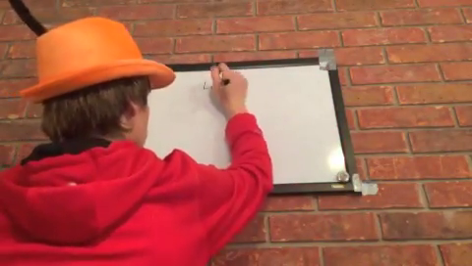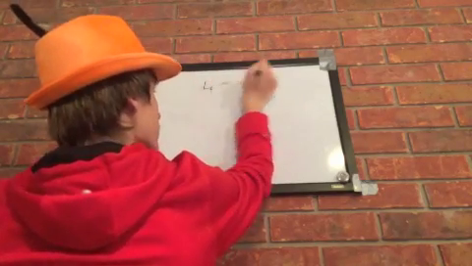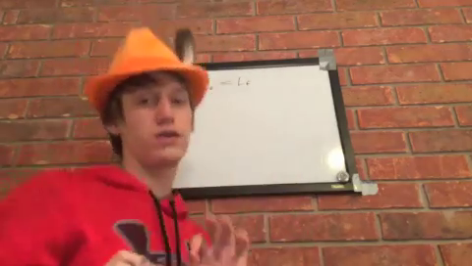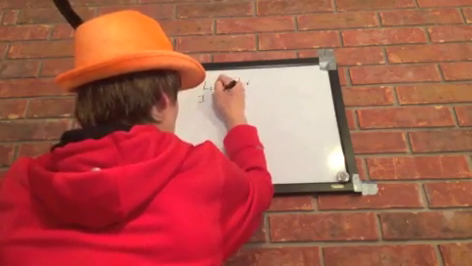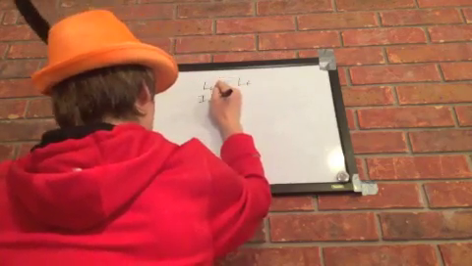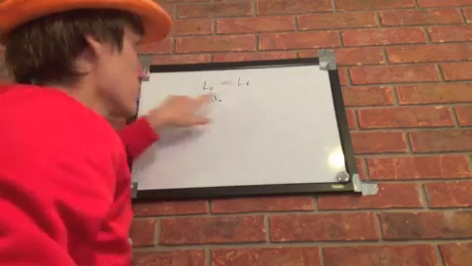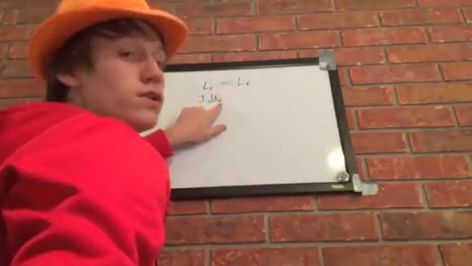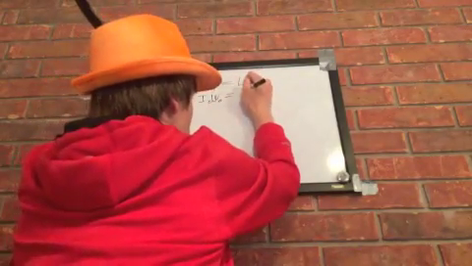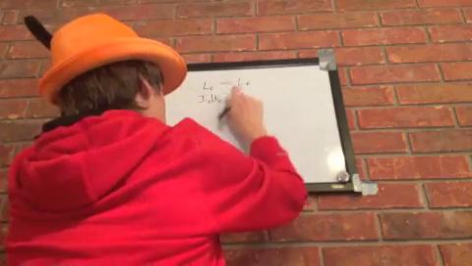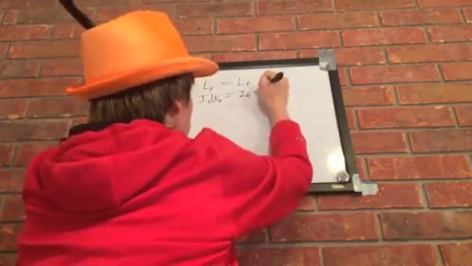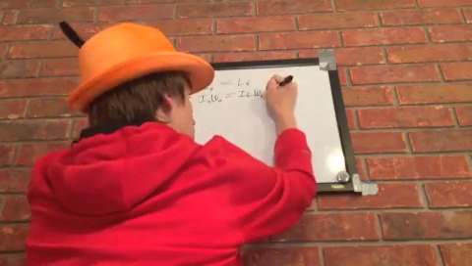Well, this is about angular momentum and how it's conserved. So we know that L naught is going to equal L final. And the equation for angular momentum is moment of inertia times its angular velocity. So we can say moment of inertia initial times angular velocity initial is going to be equal to moment of inertia final times angular velocity final.